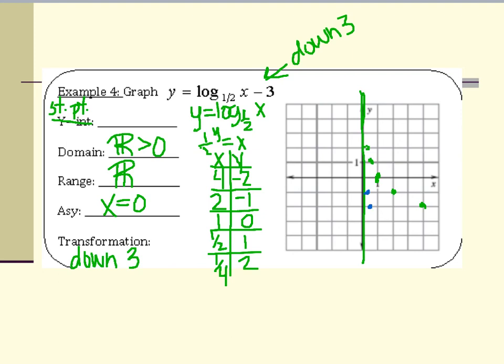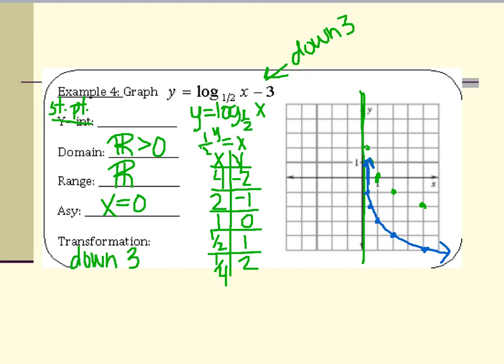And down 3 for my next point would be here. And for my next point would be here. And then for my next point, down 3 would be right here. And I will now connect these. And there's my nice curve for this logarithm.